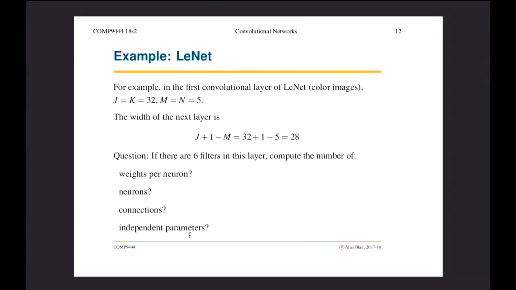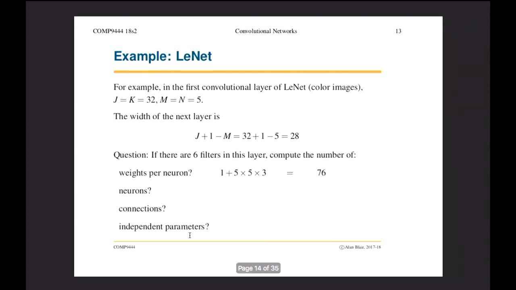I've got 25 weights for each input channel, and there are 3 input channels, so that's 75. Then I treat the bias as a weight as well, so it's 1 plus 5 times 3 times 5, that is 76. So each neuron in the next layer will have 76 inputs if we include the bias. Is that clear to everyone?